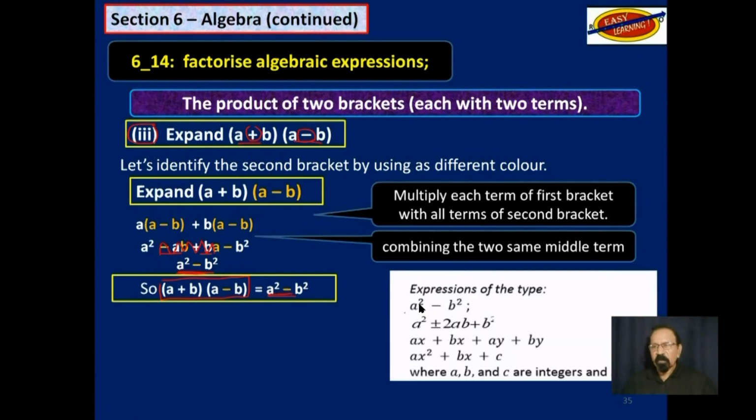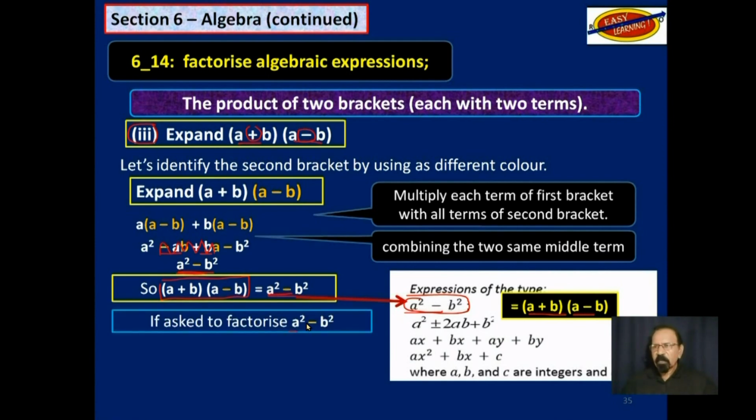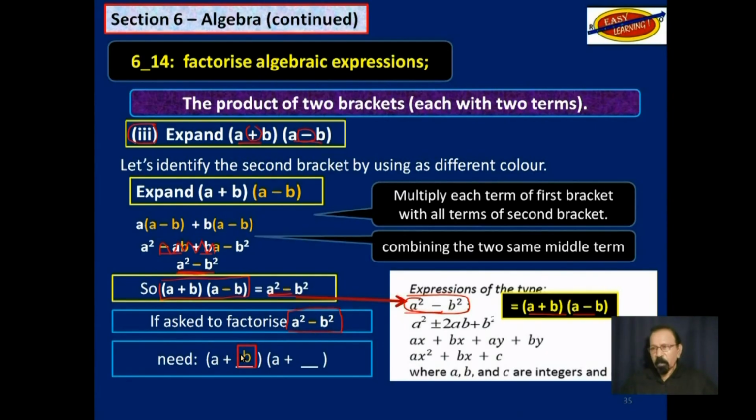So we have just looked at this part here. A plus b multiplied by a minus b. Those are the factors if you have to factorize this expression, a squared minus b squared. So if asked to factorize a squared minus b squared, you will know straight off that it is (a plus b) multiplied by (a minus b).